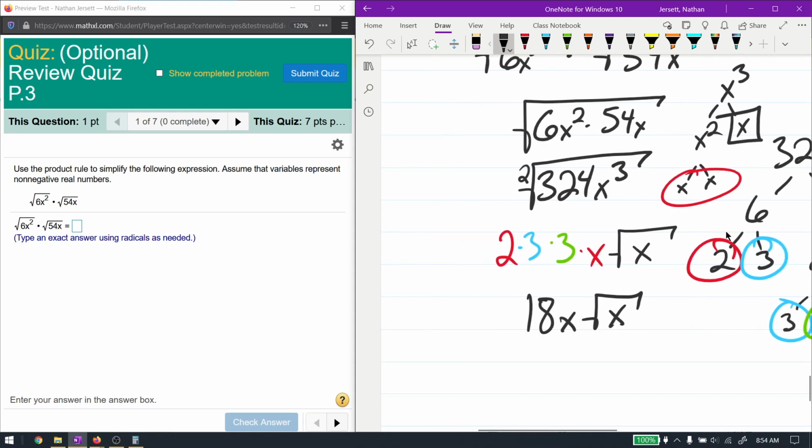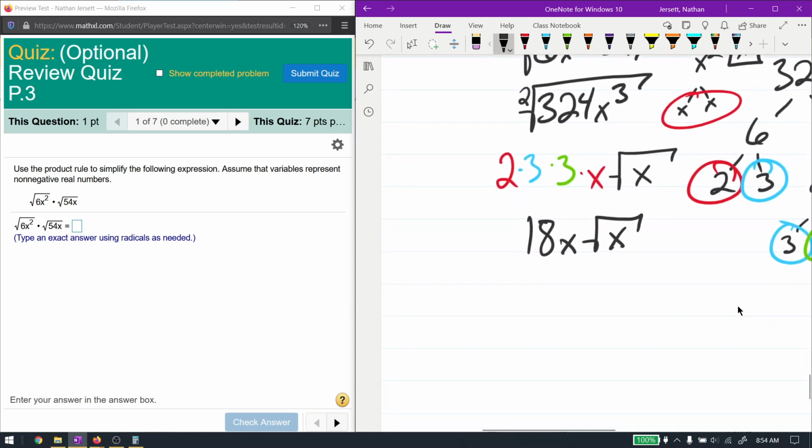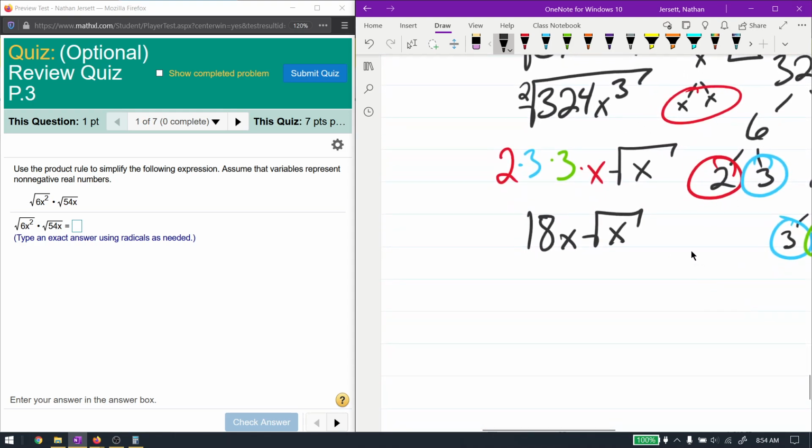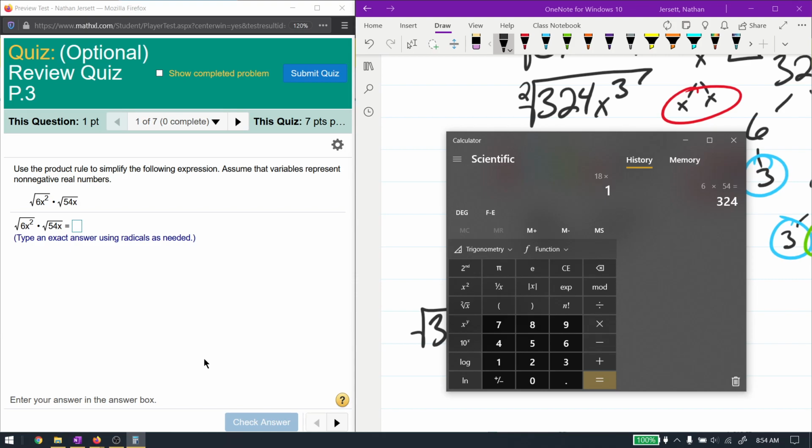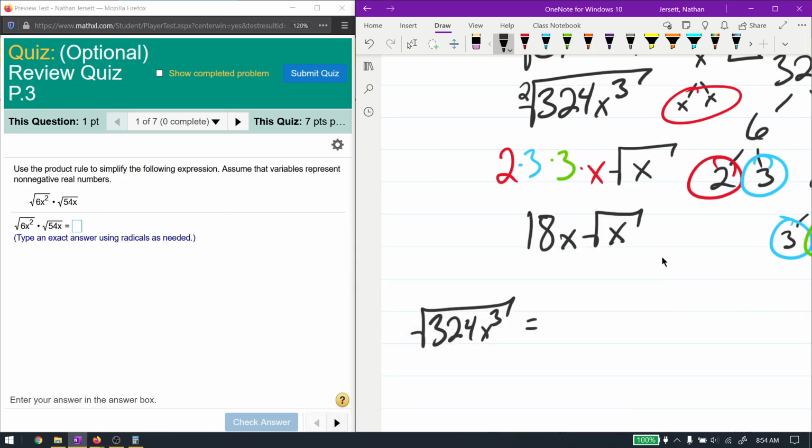Another way of doing this without using the factoring tree is to ask, are there perfect squares inside of the radical? So we have the square root of 324 x cubed, and if you take 18 times 18, you get 324. So 324 is a perfect square. I can rewrite 324 as 18 squared.